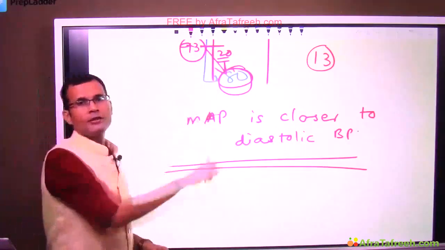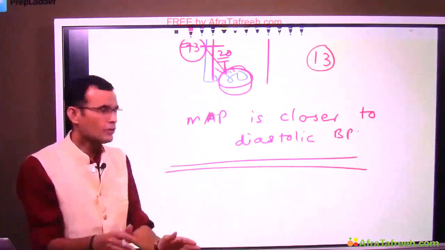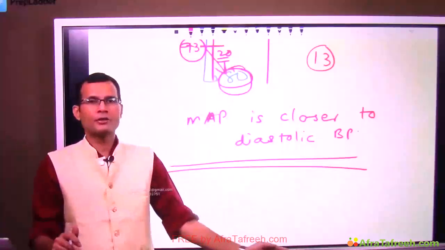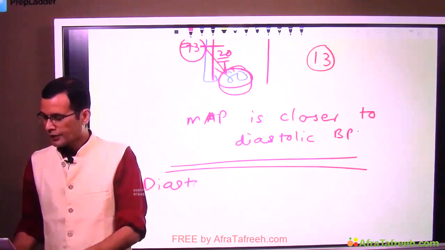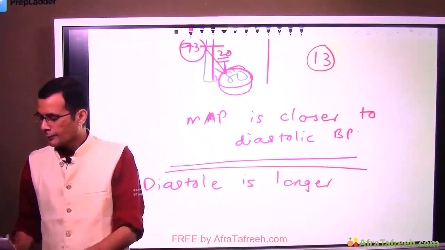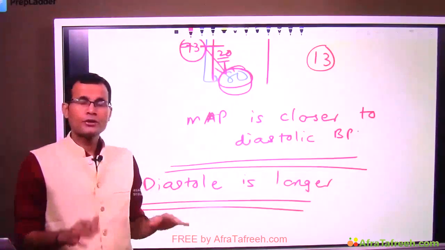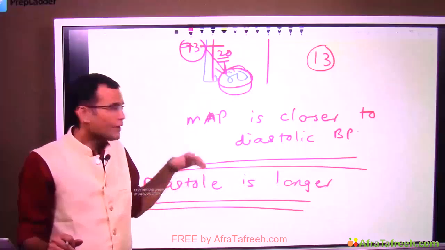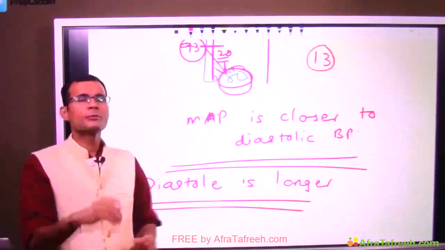I did all this to make you understand the last statement, because diastole is of longer duration in the cardiac cycle. That's the reason. In a cardiac cycle, systole and diastole are not of the same duration. Diastole occurs for longer duration and therefore average pressure in the circulation is slightly closer to the diastolic blood pressure.